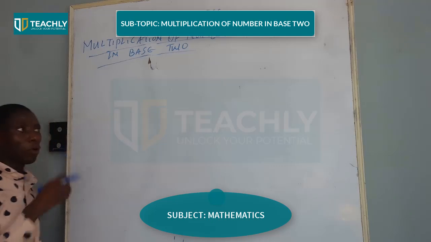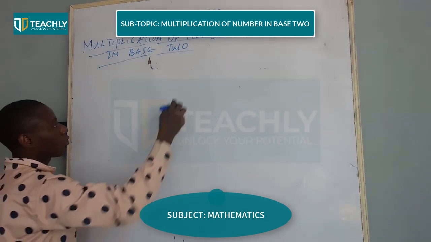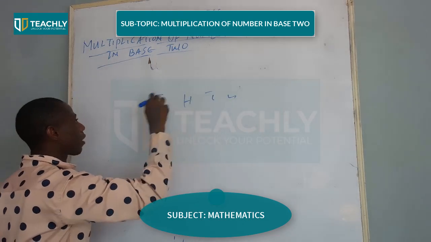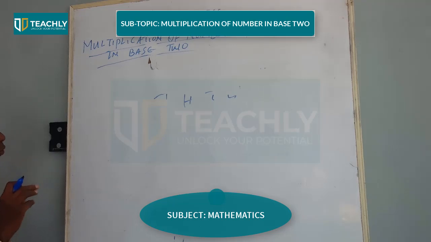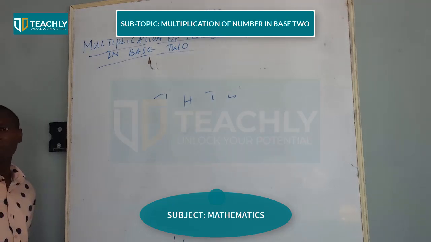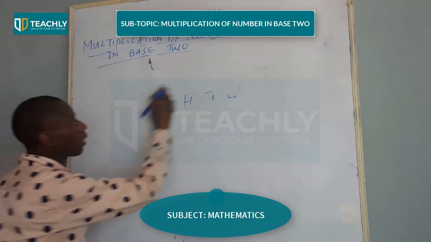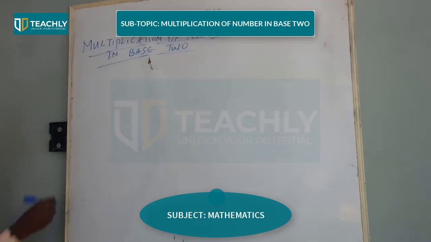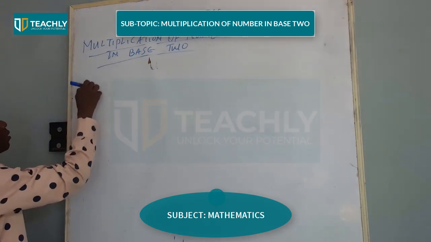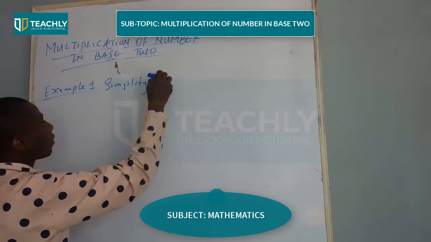So you use the same concept we use when multiplying normal numbers, but you need to be conversant with the base. Let's see how we can multiply numbers in base 2. Let's look at this example. Simplify the following.